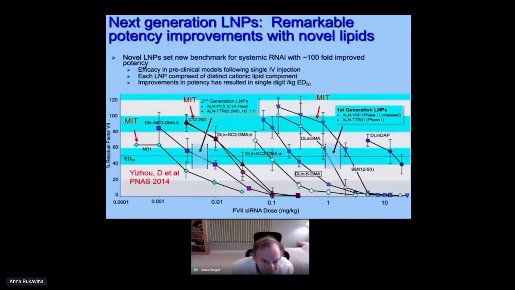But if you go all the way to 2014, and now you look at Izzo Dong's paper, you probably get about a 4 order of magnitude improvement, and that has a huge effect on improving toxicity. By the way, Alnylam, not just because of this, but they now have 3 products approved by the FDA using siRNA.